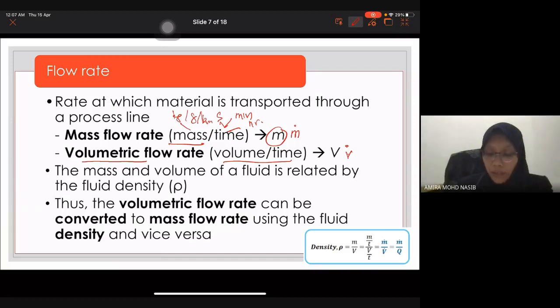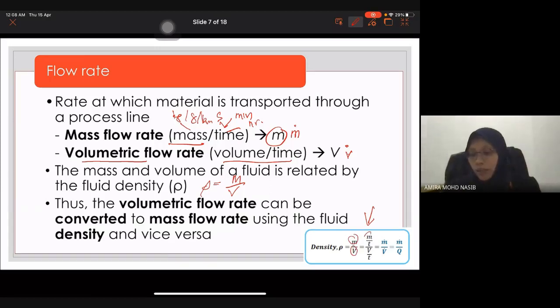Okay, we know that the density is mass over volume, right? So the mass flow rate and volumetric flow rate also can be related back with the density. We can see from here, this one is mass and this one is volume.